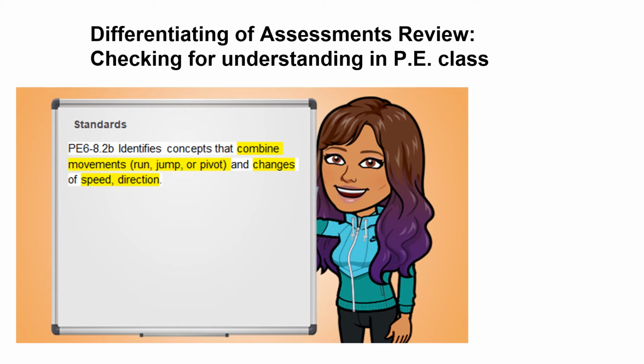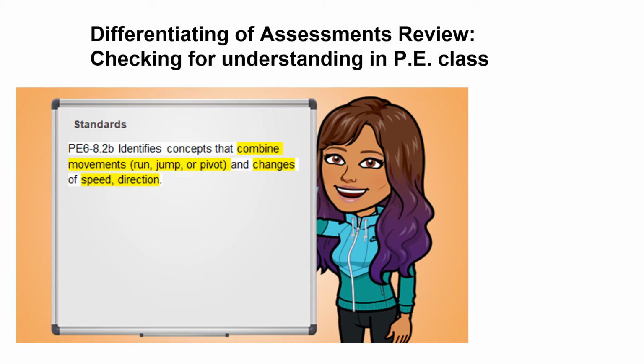Checking for understanding has criteria for the student to be assessed on, and they should be aware of this criteria to be given the opportunity to be assessed fairly. In my PE class, I share the standard with the students. The student is provided with an opportunity to gain understanding and then be assessed to determine or check for understanding.